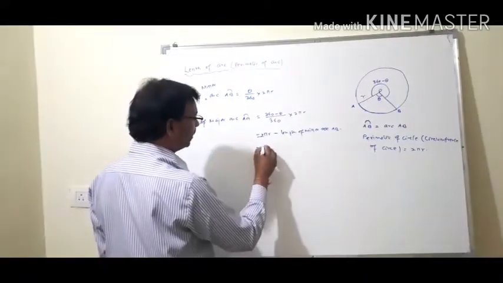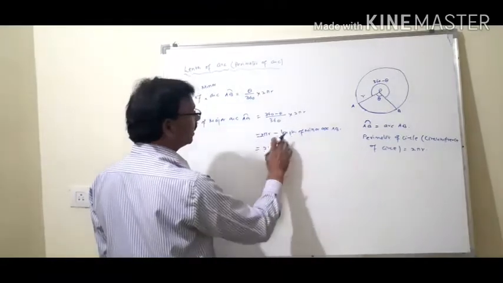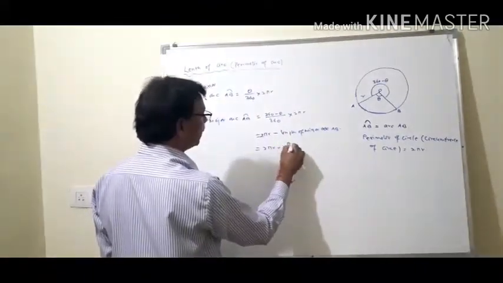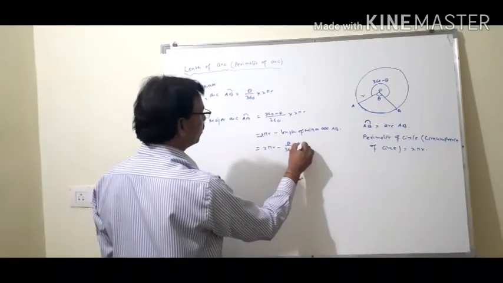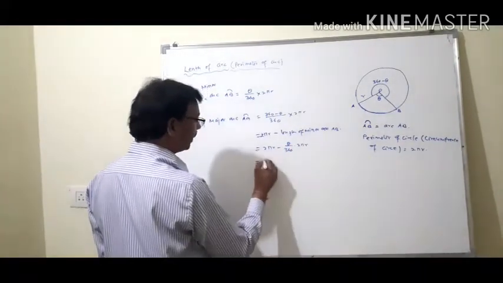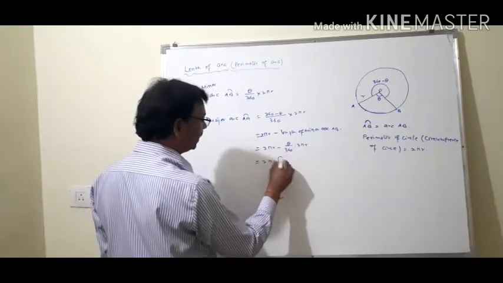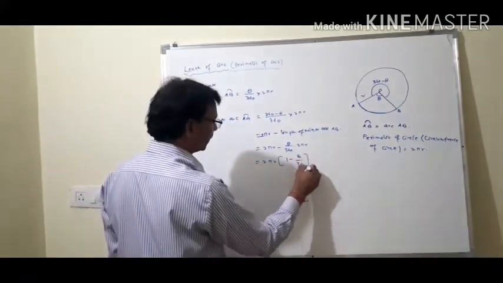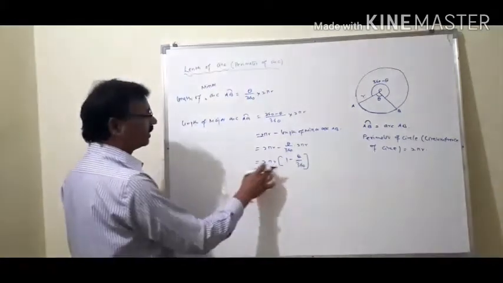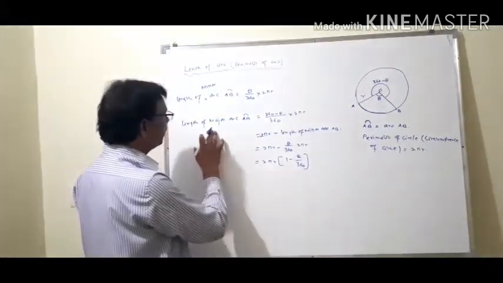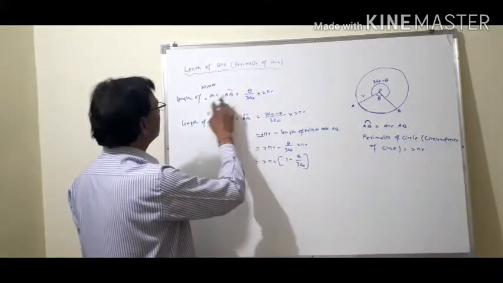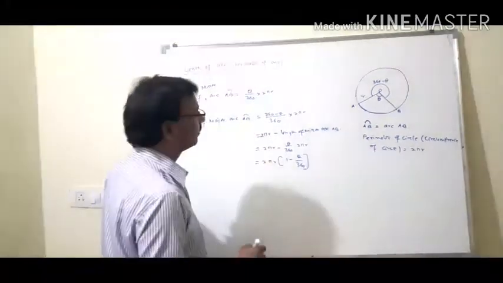We can express this as 2 pi r minus theta upon 360 into 2 pi r. If we take 2 pi r as common, then this will be 1 minus theta upon 360. This is the formula for finding the length of major arc, and the earlier one is the formula for finding the length of minor arc.